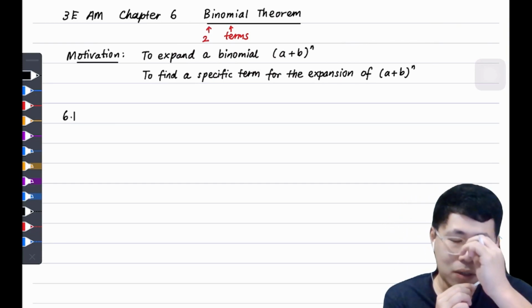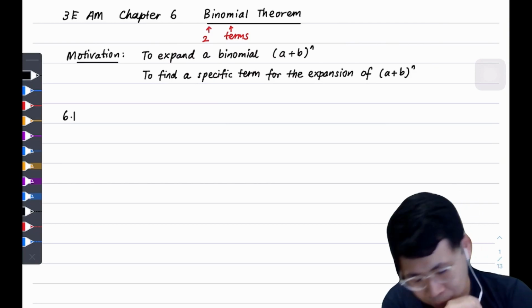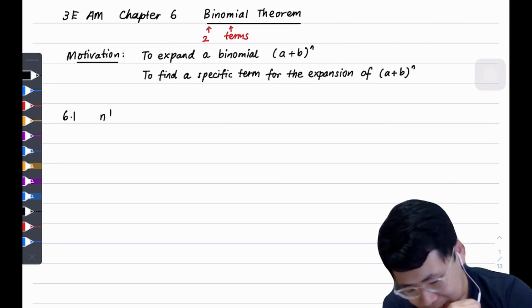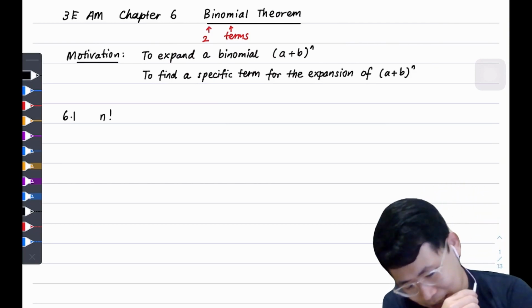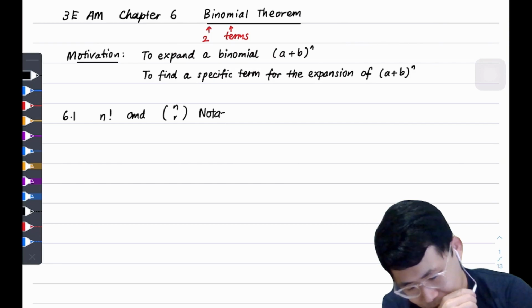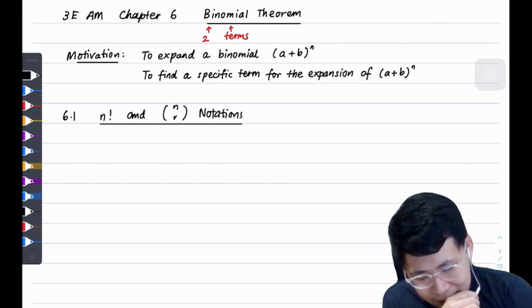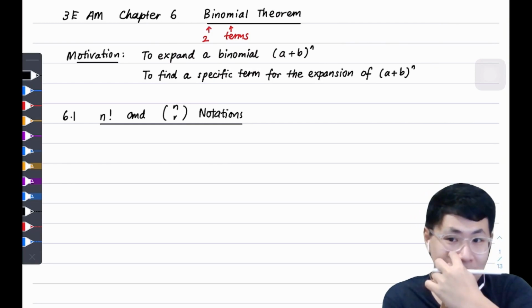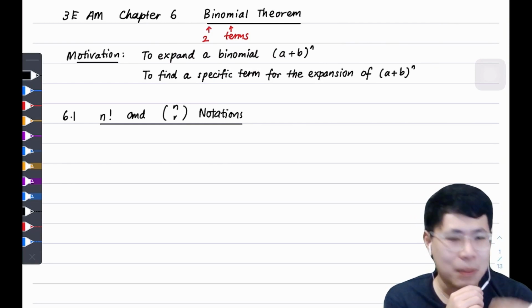We are going to talk about three things. I'm going to talk about this exclamation mark, and this bracket thing over here. These are two new notations that we are going to learn. The third thing is just a bonus that will help us make sense of the expansion later.